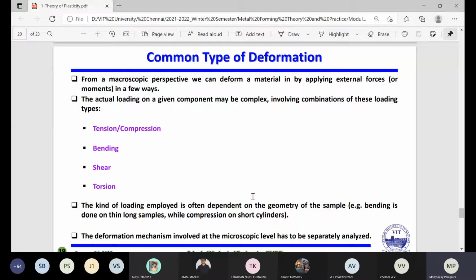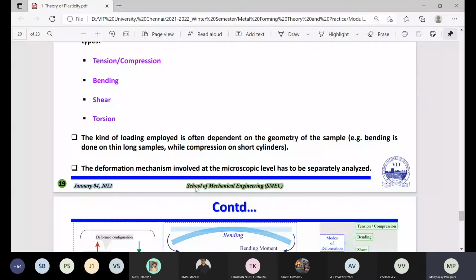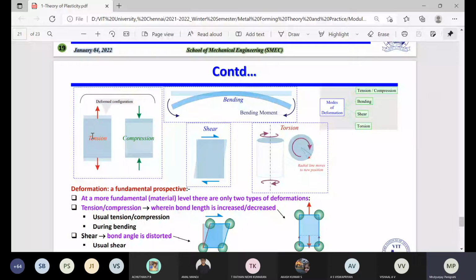With one schematic diagram, this is the tension: if you have a metal piece, you are stretching both sides, so you will find some elongation or some expansion. Similarly, if you have compression, you are pressing from both sides. And if you have bending, you have a metal piece and you are applying a bending moment on both sides, so that the material bends.